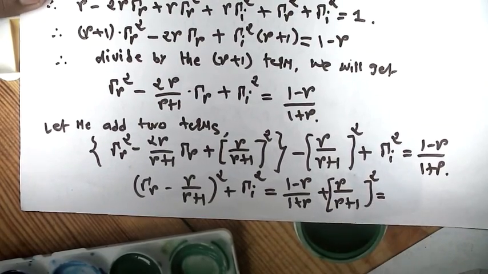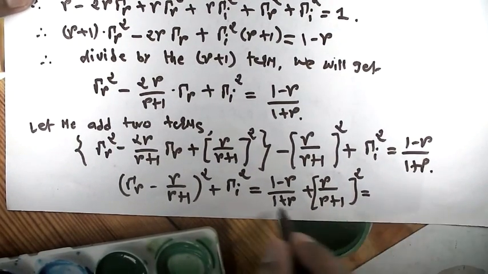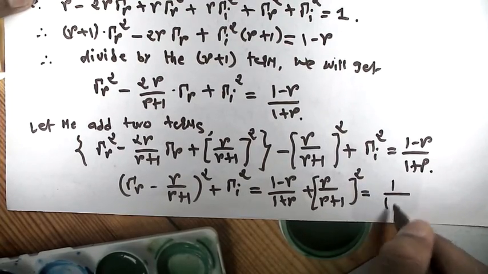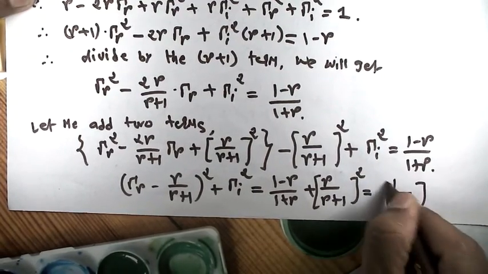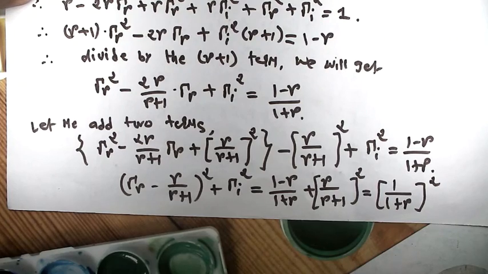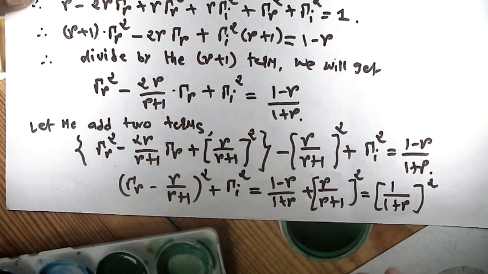So if I simplify, then I will get that it is nothing but equal to 1 over 1 plus r whole square.